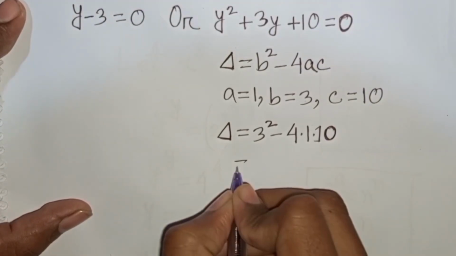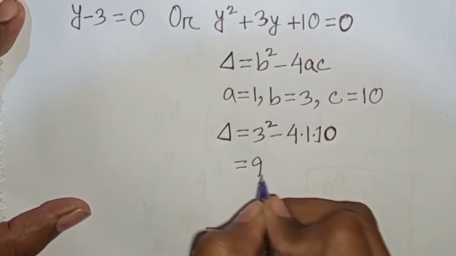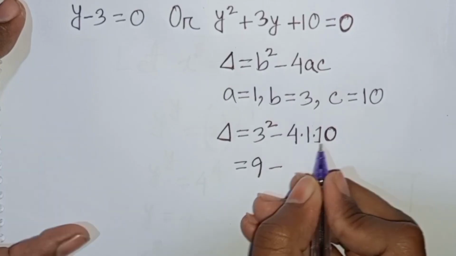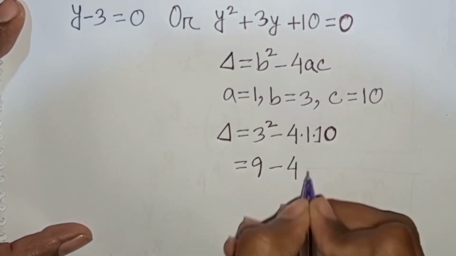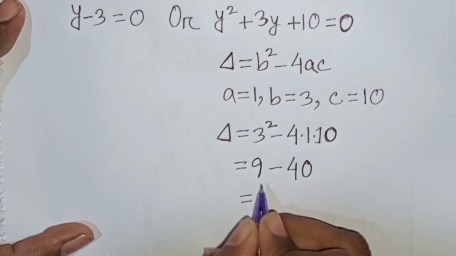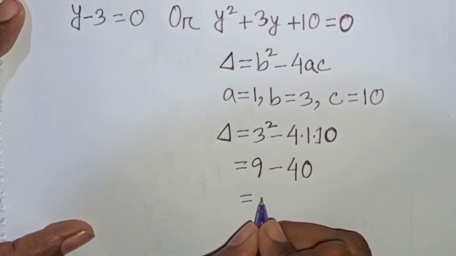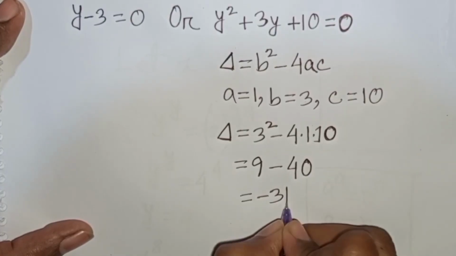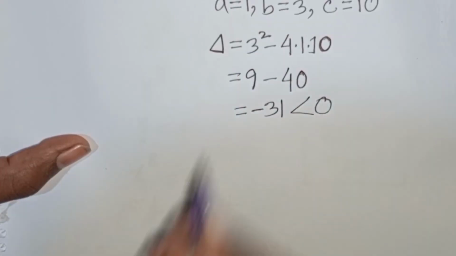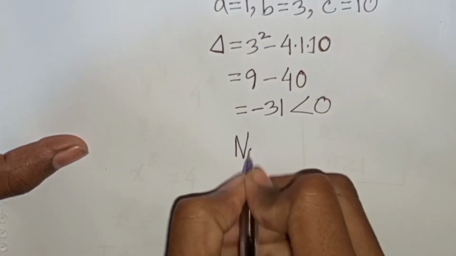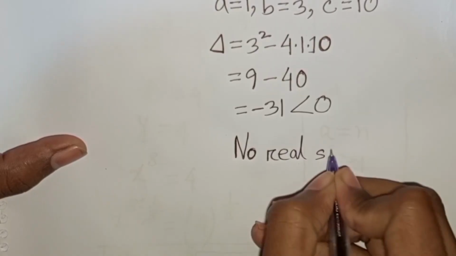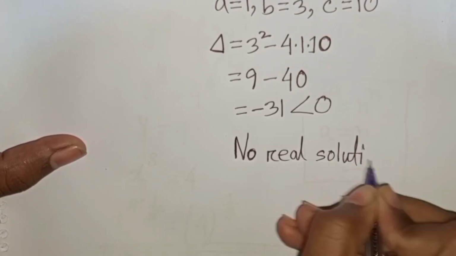Now is equal to 3 square is same as 9, then minus 4 times 1 times 10, that means 40, then is equal to 9 minus 40, that means it will be minus 31. So minus 31 is less than 0. So here no real solution.